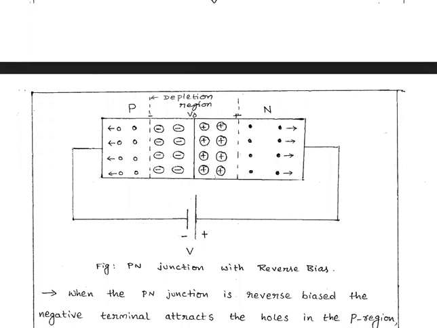Now you can see in this p-type region we have holes, in the n-type region the majority charge carriers are electrons, and we have the depletion region.